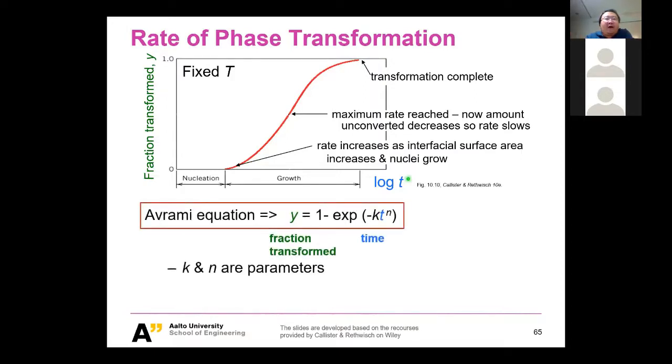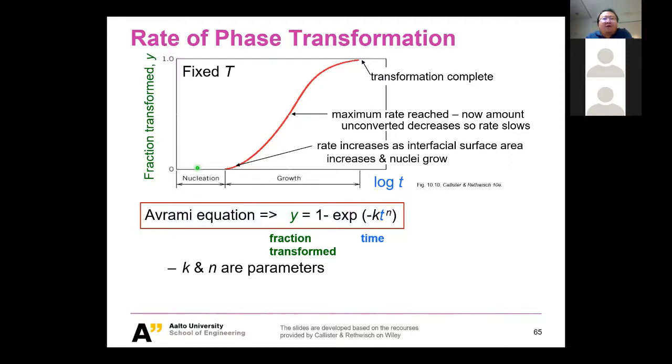And this is an equation to describe this. I think this kind of curve is something you see very often. We have already seen one yesterday, which is the error function. When you describe statistics, it also has such a curve shape. And today there's another function, which is called the Avrami function.